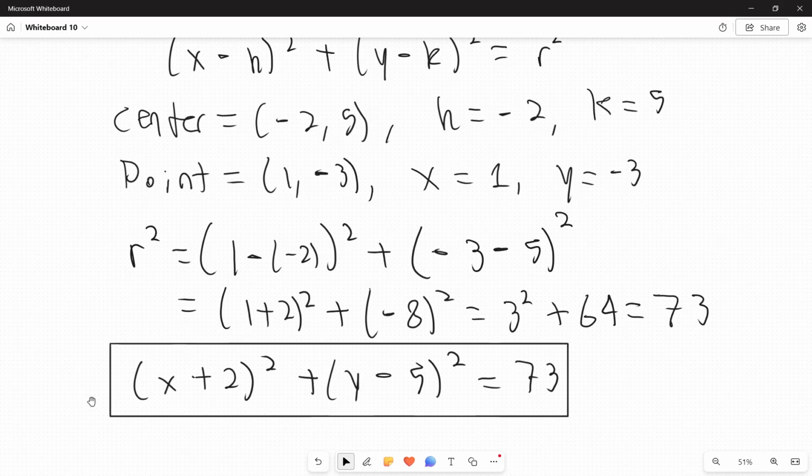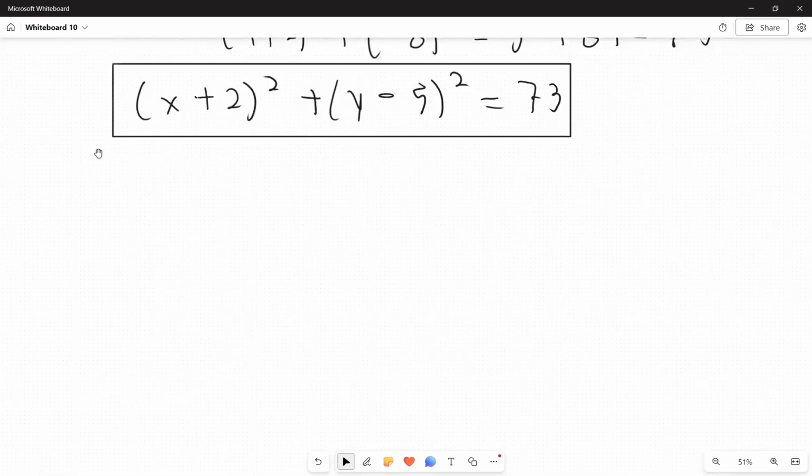Next example. This example is going to put together the distance formula and the midpoint formula.